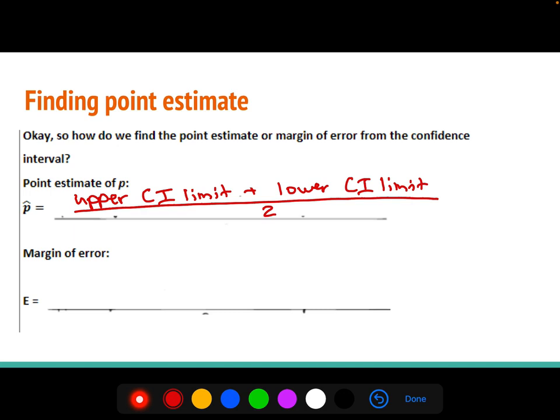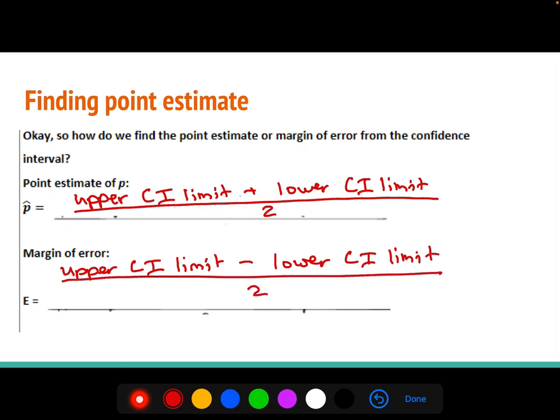That's how you get the P hat. To get margin of error, it's upper minus lower divided by 2. And why is that? Because remember, error is like that maximum difference.